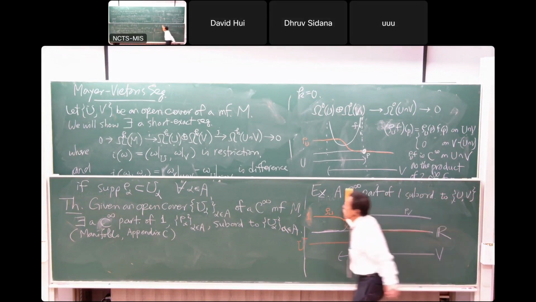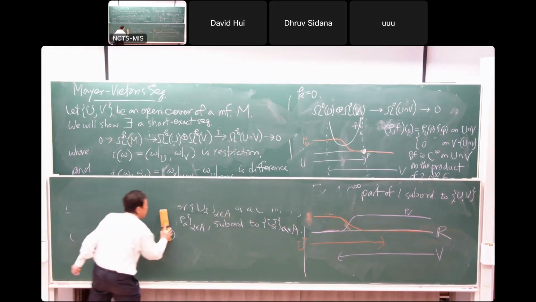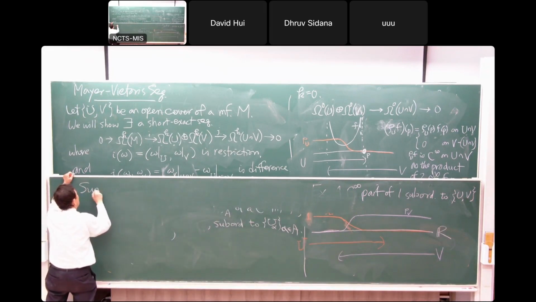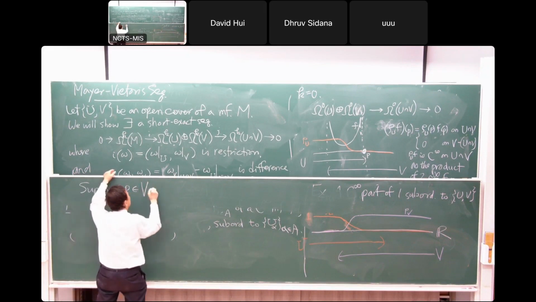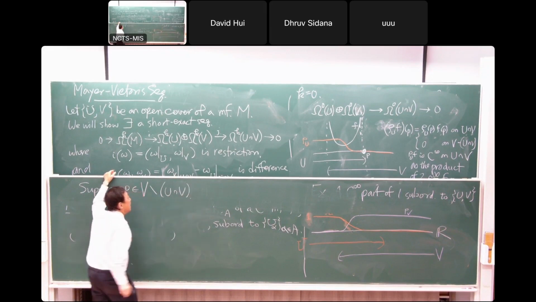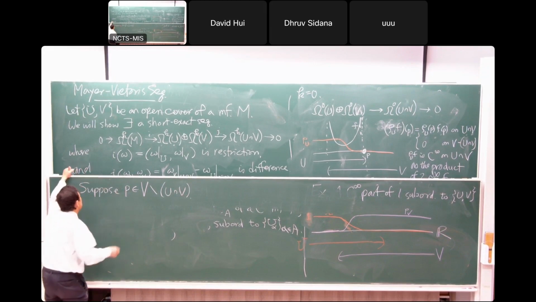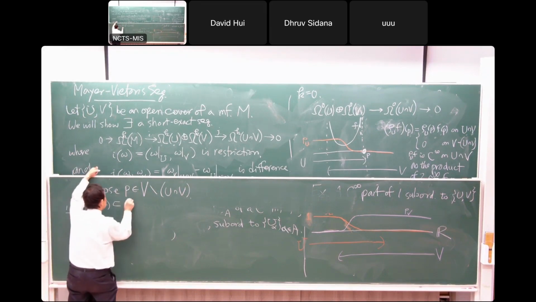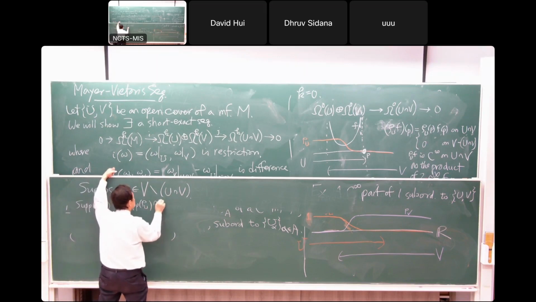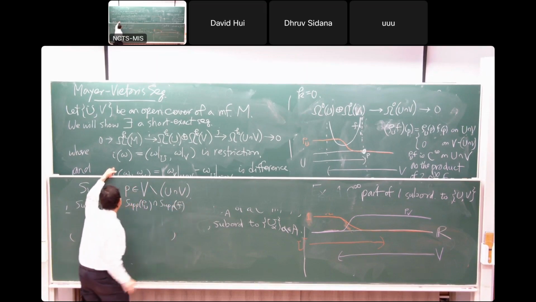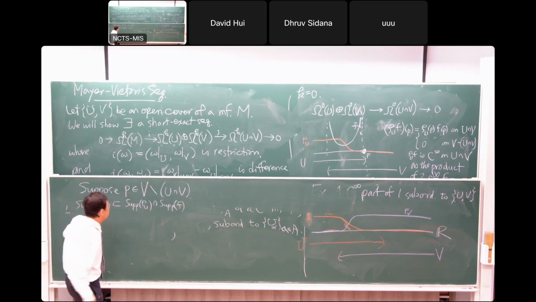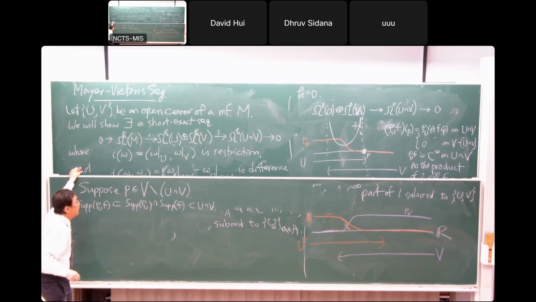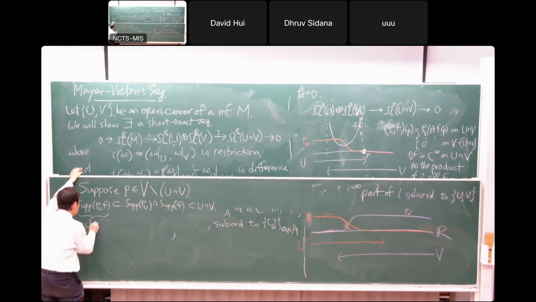Now the support of rho U f is contained in the support of rho U intersect the support of f, and it's in U intersection V. The support is a closed set.